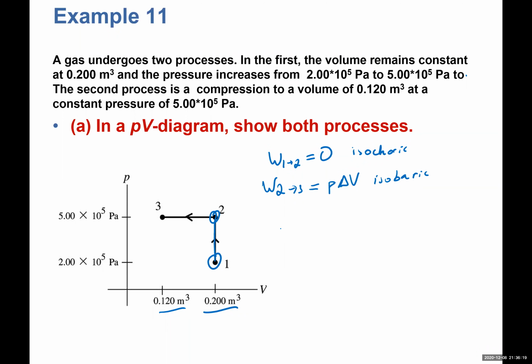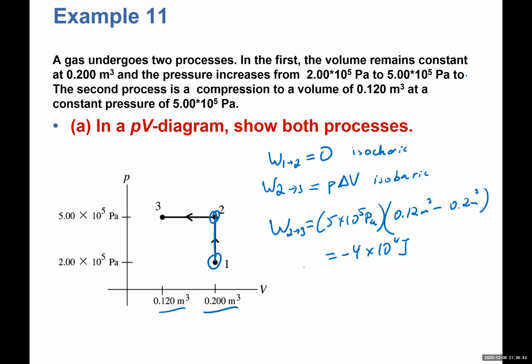So this one is an isobaric process. And then we can calculate the work done going from 2 to 3. So pressure, which is 5 times 10 to the 5 Pascal, times the volume change, which is 0.12 cubic meters, the final, minus 0.2 cubic meters, the initial. Okay. So then we're going to get negative 4 times 10 to the 4 joules. And it's negative because we are doing work on the system.